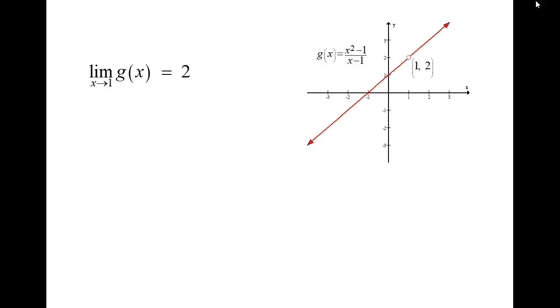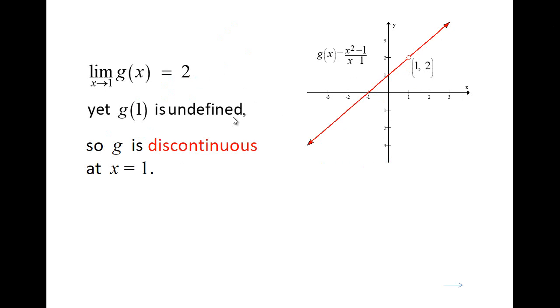On the other hand, if you look at the function g of x, the limit of g of x at 1 exists and is equal to 2. However, g of 1 is undefined, so therefore g is not continuous, which we also say as g is discontinuous at x is equal to 1.